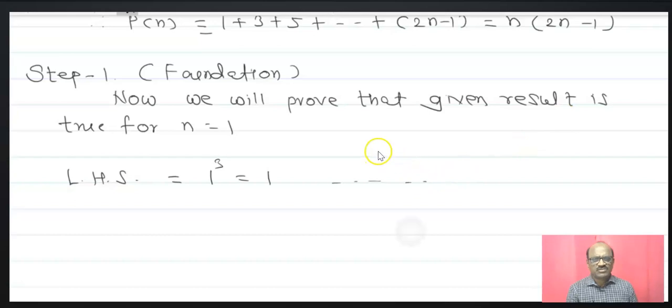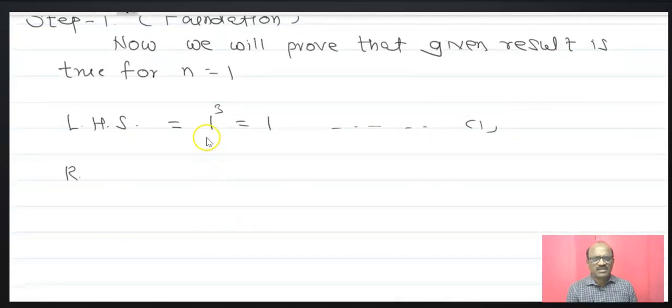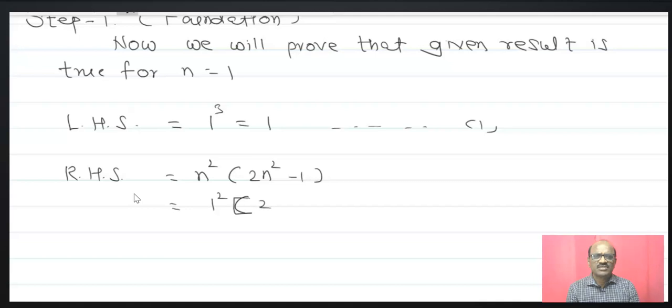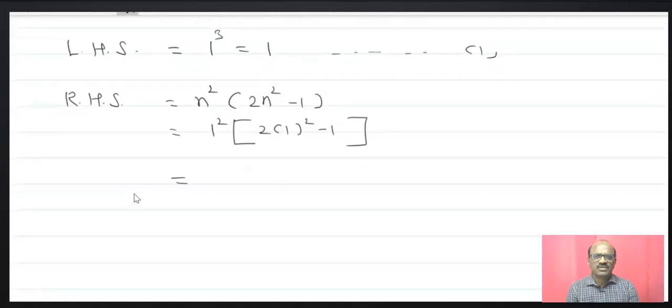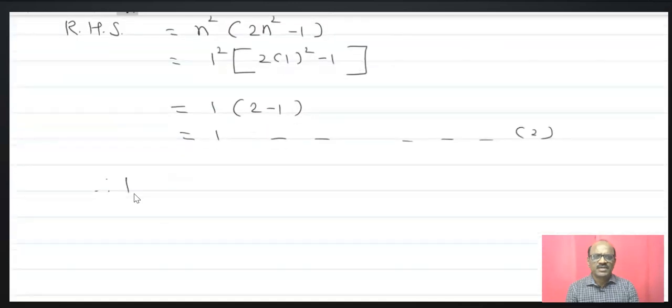Therefore LHS is equal to RHS. 1 cube is 1 and the RHS: n square (2n square minus 1), 1 square, that is 2 into 1 square minus 1. Therefore 1 into (2 minus 1), that is 1. This is number 2. Therefore LHS is equal to RHS from 1 and 2.